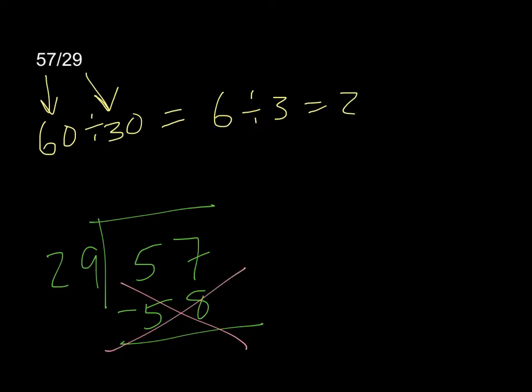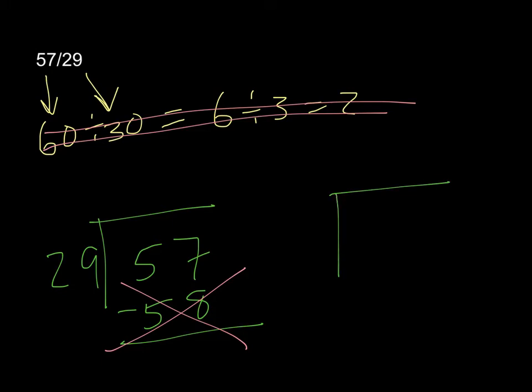In this case, and I'm going to cross this out too, what we would want to do is round it a little bit differently. Or even instead of rounding, we can just go straight with 29 because we know that 2 is already too much.